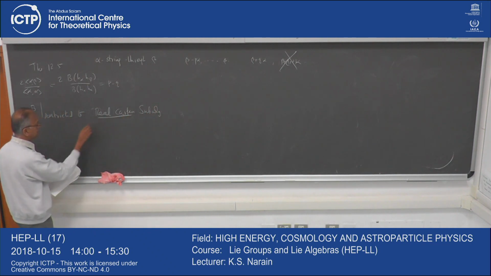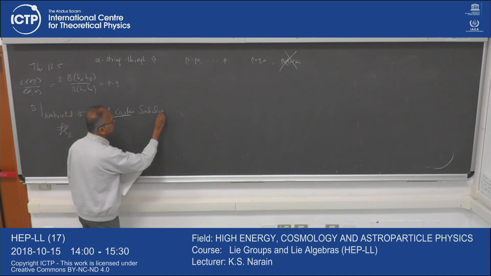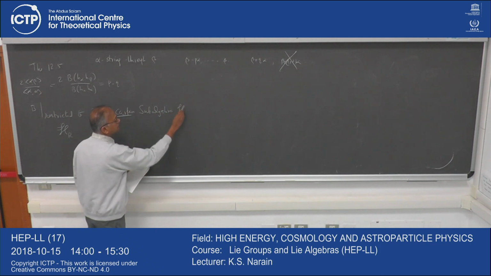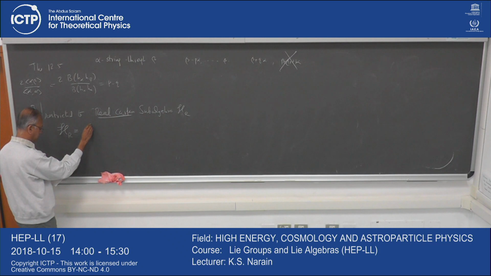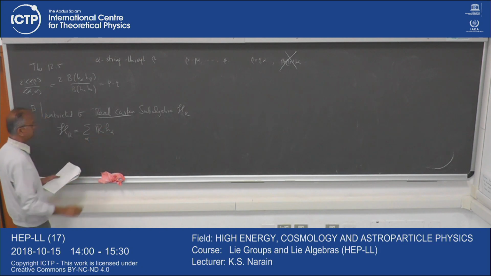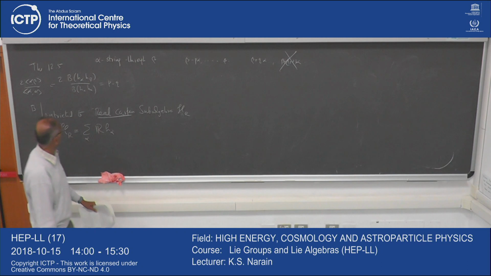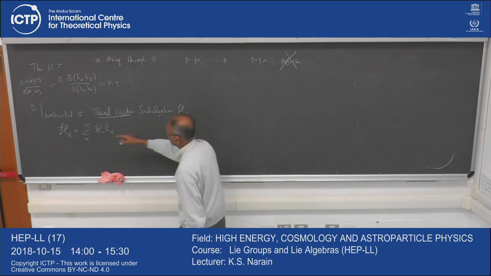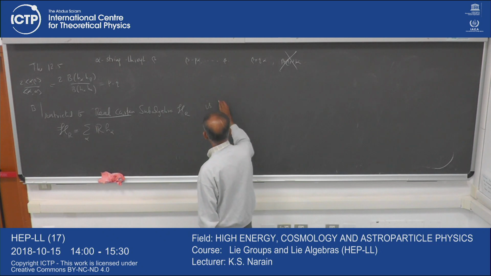You just take these elements, let's call it H_R, that's a real Cartan subalgebra. H_R was basically elements of the form sum over alpha of r_alpha H_alpha, with r_alpha a real number. So on this real Cartan subalgebra, when B is restricted to it, it is positive definite.